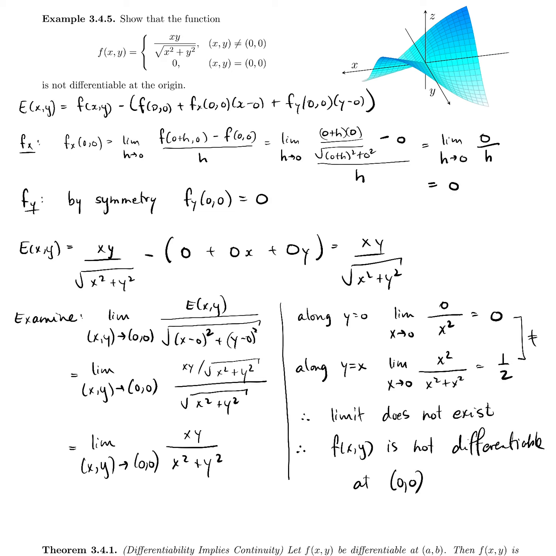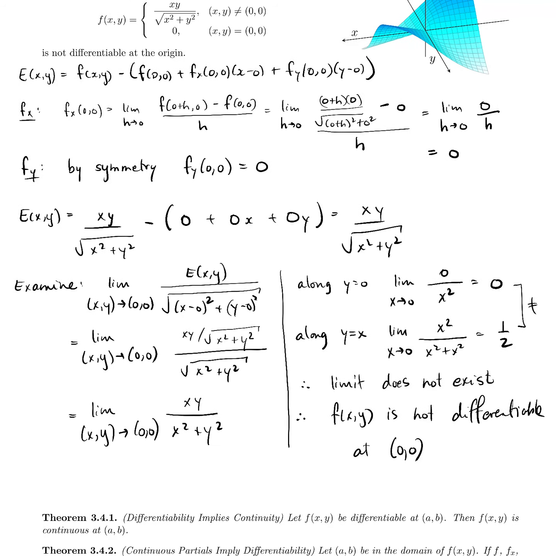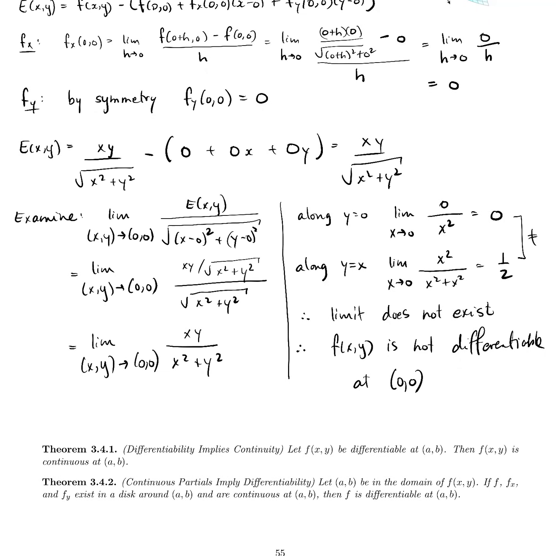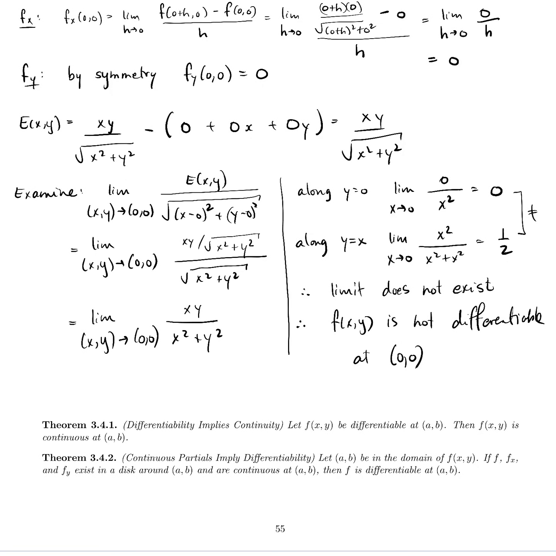Now, applying the definition of differentiability every time to figure out whether a function is differentiable or not is a bit of a cumbersome task. So let's go and look at these two theorems, the second of which will tell us that there is a way that we can see differentiability a little more simply.